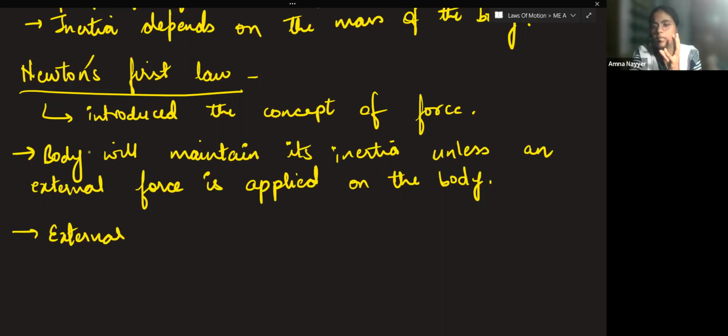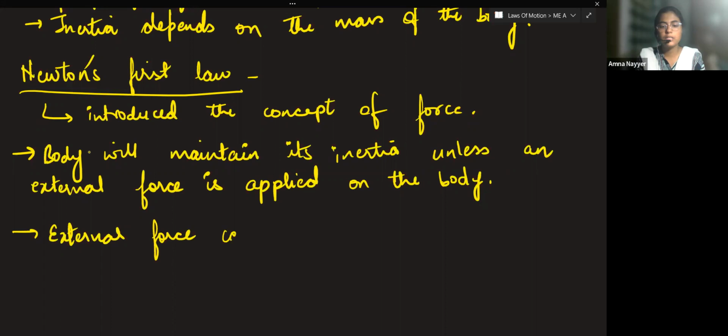You just have to understand internal and external force with reference to the system. If your system is a spring and pendulum system, then any other force becomes your external force, and the tension occurring in the strand of the spring becomes your internal force. So external forces can change the inertia.